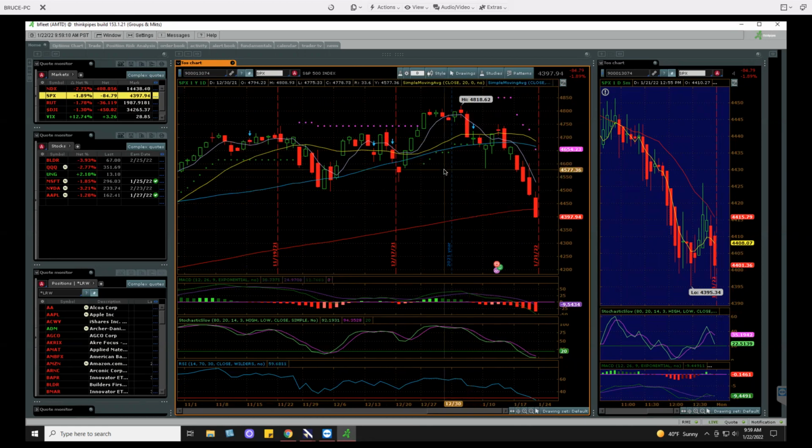And the lines that are going across, probably the most important ones you want to see are this line here, which I'm highlighting. That's the 50-day moving average. And then the red line is the 200-day moving average. The reason these are so important is because institutions worldwide use these as areas of support and resistance.